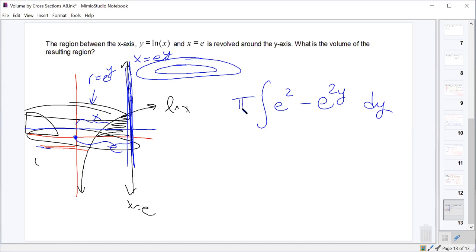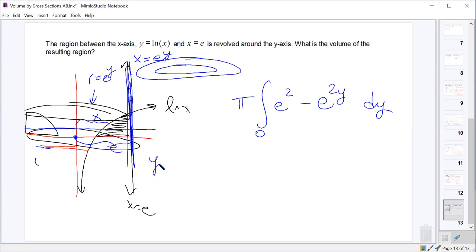Where do we integrate from? Left to right or top to bottom, or bottom to top? Bottom to top. What's the bottom of my region? 0. What's the top of my region? It is the y value when x is e.